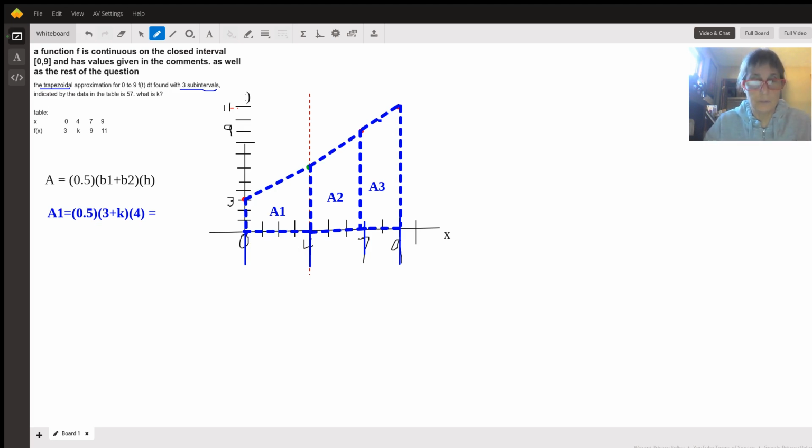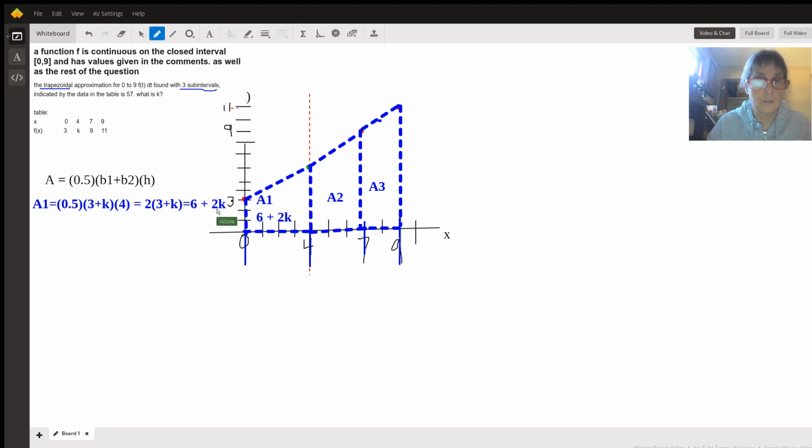The 0.5 and the 4 makes this 2 times 3 plus k. If it's helpful, distribute that and get 6 plus 2k. So that is this area. It equals 6 plus 2k.